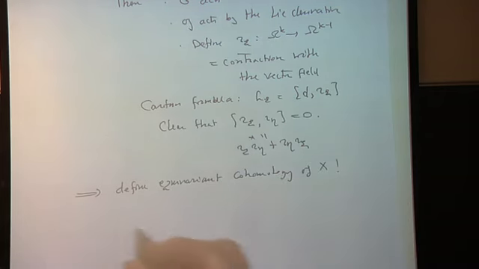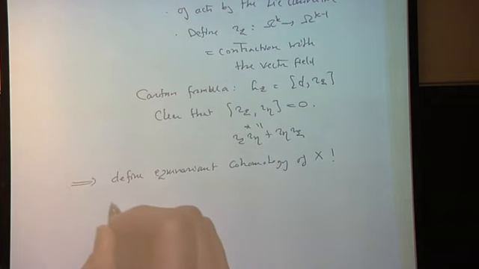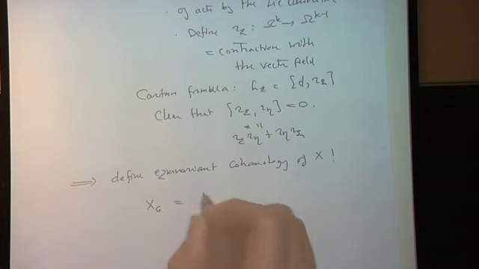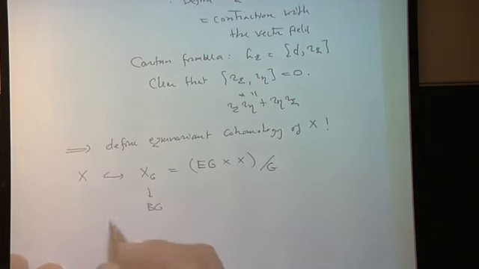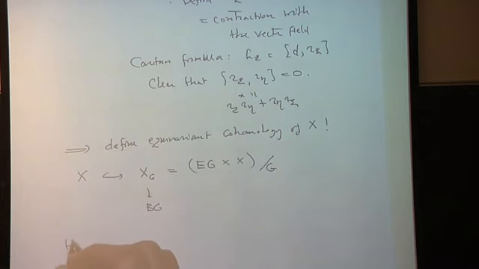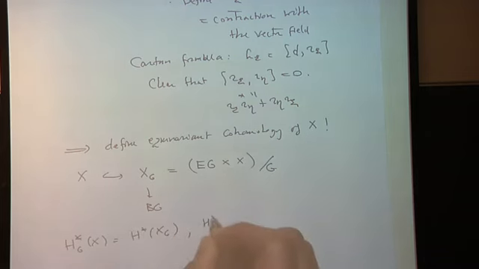And what is equivariant cohomology? Well, topologically, if G acts on X, you can form an equivariant space X sub G, that's the universal bundle cross X divided by G, that maps to BG, with fiber X. And equivariant cohomology is the cohomology of this space. It's of course a module over the cohomology of BG.